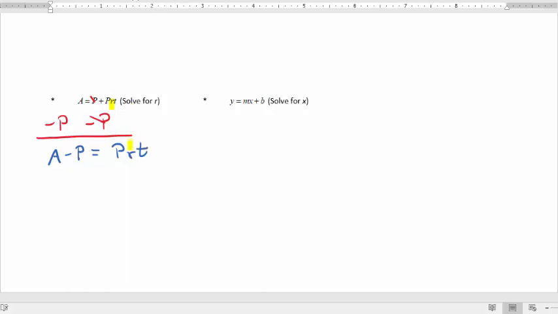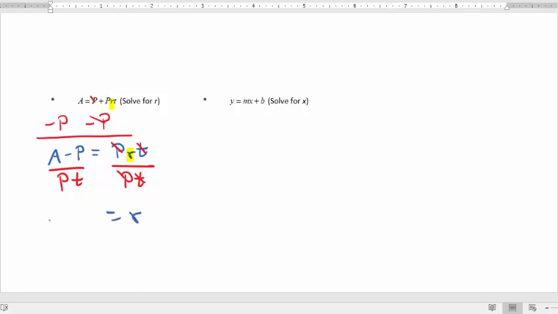But again, keep in mind I'm solving for r, so I've got to get rid of the P and the t that are being multiplied by the r. So to get rid of those, I'll just divide by them. And again, do it on both sides. So on the right, I'm left with what I want, which is just r by itself.